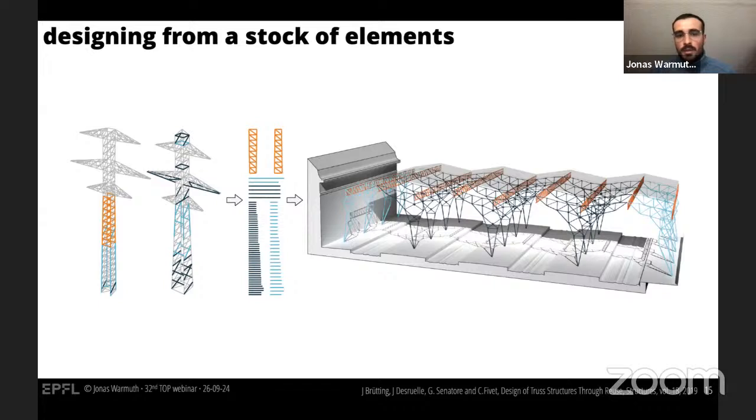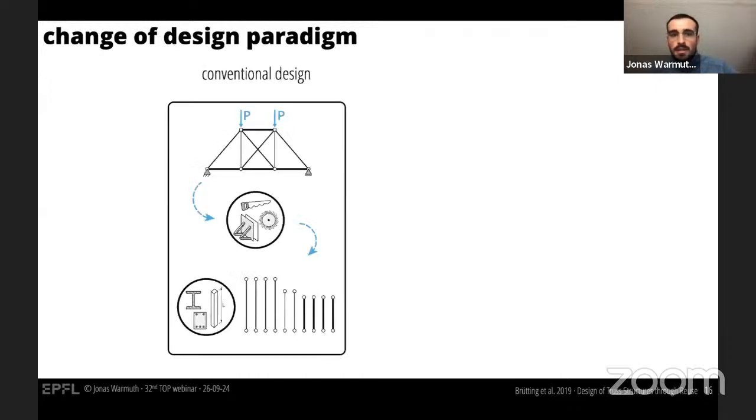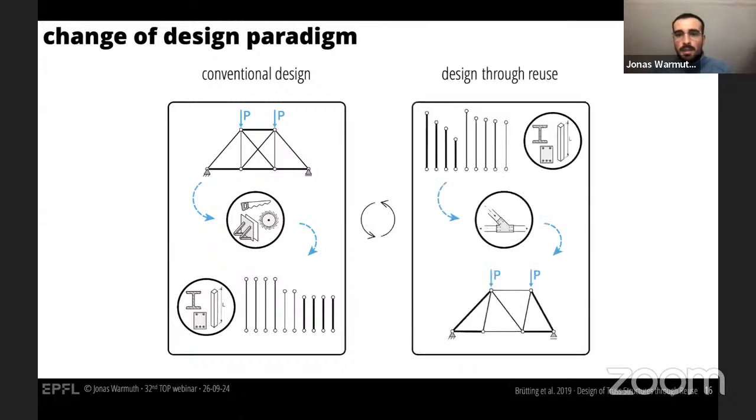And when we talk about reuse, we also need to talk quickly about 2 major things that are important. The first one is that when we try to approach reuse, we have a change of design paradigms. So in conventional design, we usually design our structure and then we manufacture the elements that we need in order to build the structure. But in reuse, it's really the other way around.